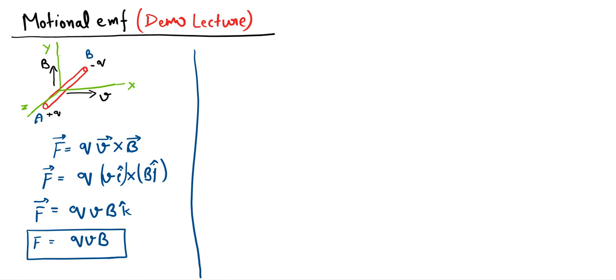Since these two charges are feeling a force, the positive charge moves towards A and the negative charge moves towards point B. Since these two charges are getting separated, there is a potential difference between the points A and B. Let us consider this is the potential difference V. Since there is a potential difference between A and B and a distance between them, the electric field between points A and B is given by V by L, that is potential difference divided by the distance between the points.